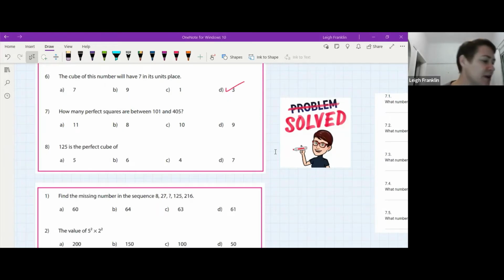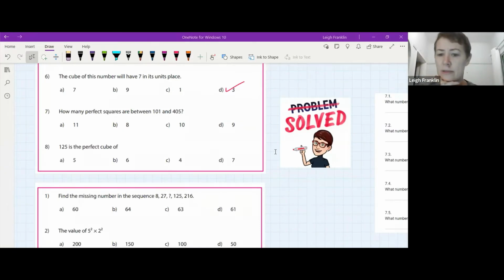Okay, who agrees with Kaya? Me. Who's me? Zandi. Okay, so what we can see is that if we go to 400, 400 would be the largest perfect square below 405, right? So that means that we could include 11 squares.